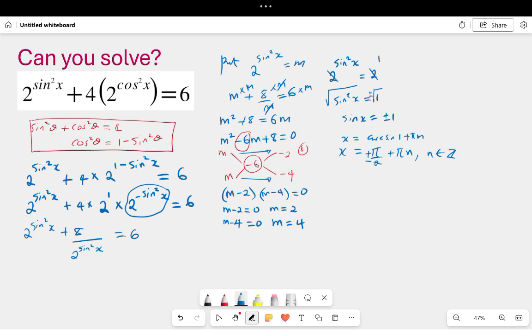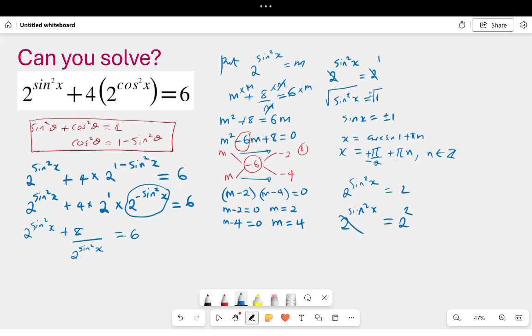So we write 2 to the power of sine squared x is equal to 4, and 4 can be written as 2 squared.